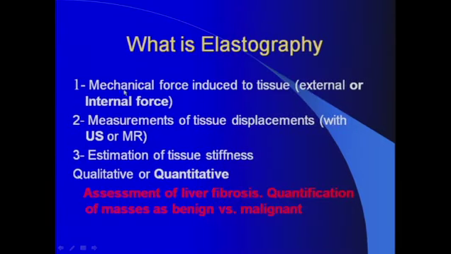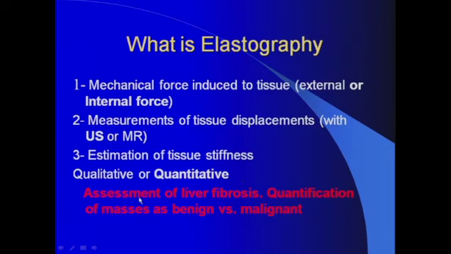Now, this topic is beyond the discussion of elastography, but in brief, you are using mechanical force induced to tissue, external or internal force. You measure the tissue displacement with either ultrasound or MR. And of course, what we're trying to do here is estimate the tissue stiffness, qualitative or quantitative.